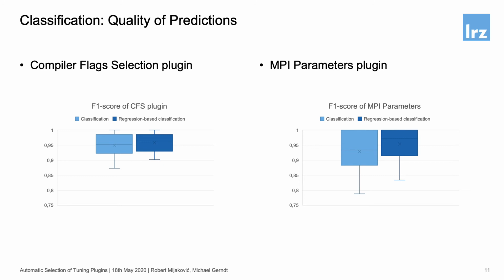And for both plugins, regression-based classification has superior prediction. I just remembered that I forgot to mention that one means perfectly done classification, while zero means that none of the predictions was properly done.